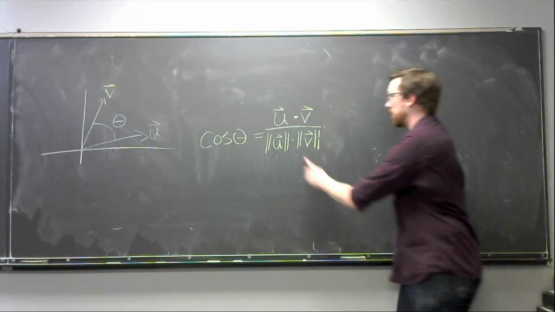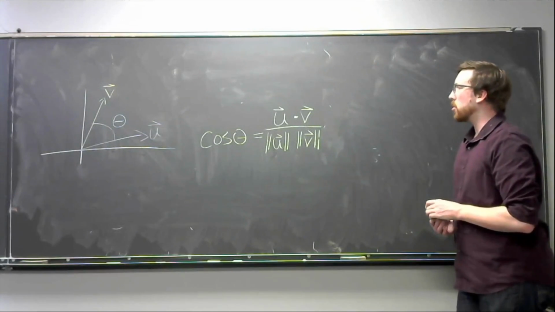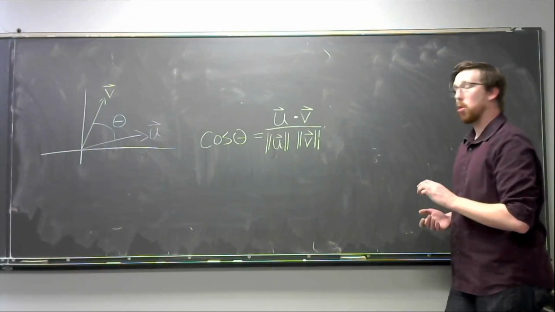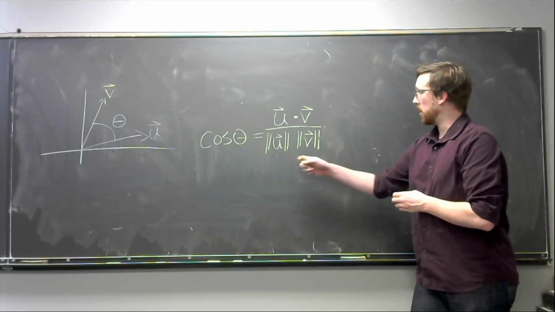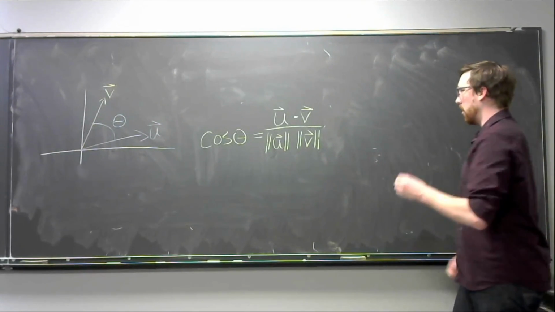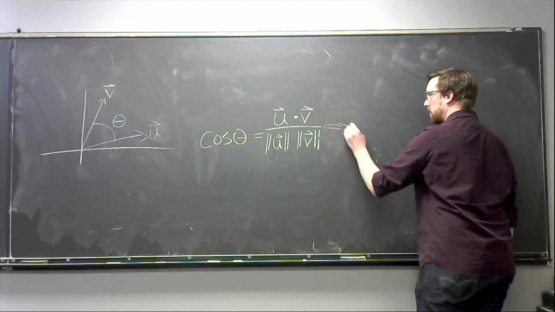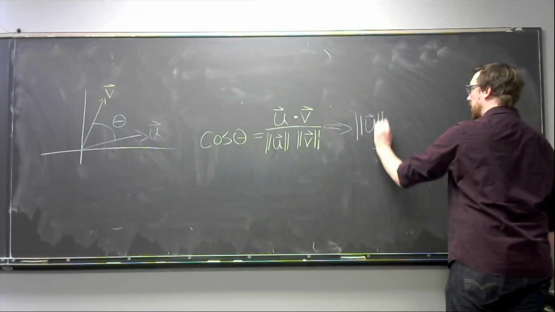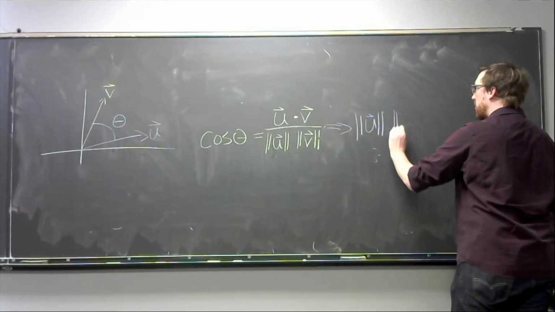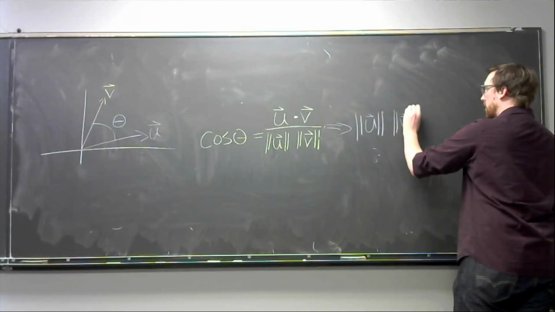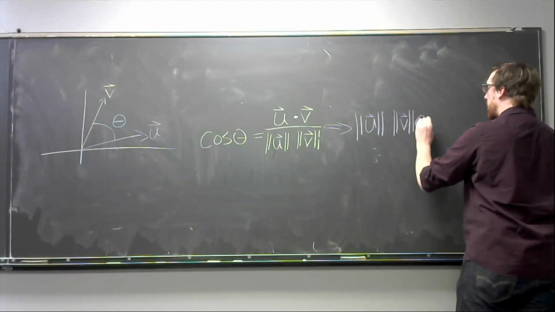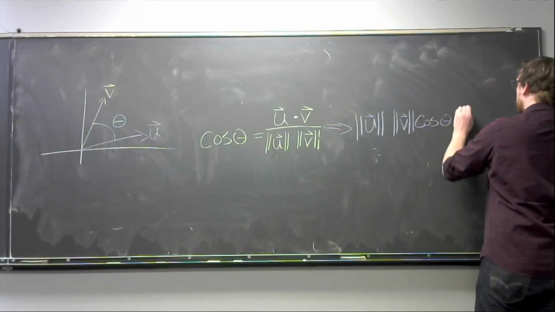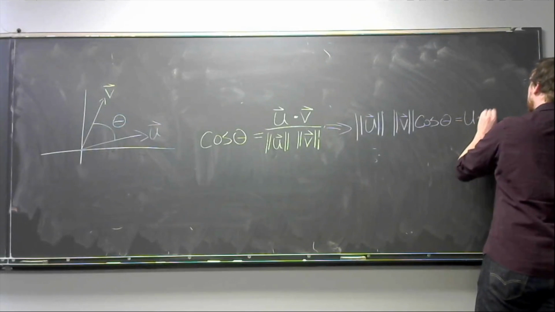Notice, if we multiply both sides by the norm of u and the norm of v, so the magnitude of u and the magnitude of v, what we have is the magnitude of u times the magnitude of v times the cosine of the angle between our vectors is equal to u dot v.